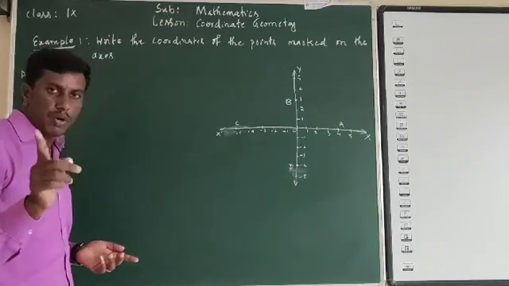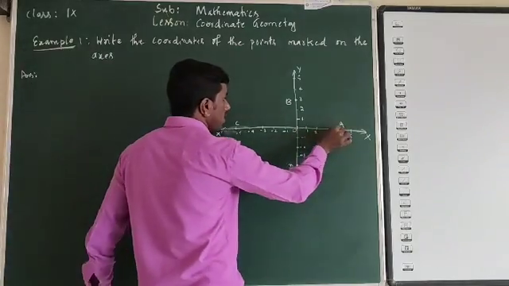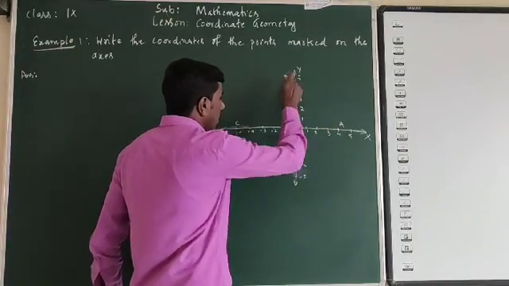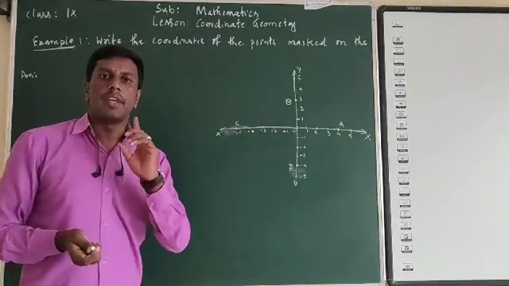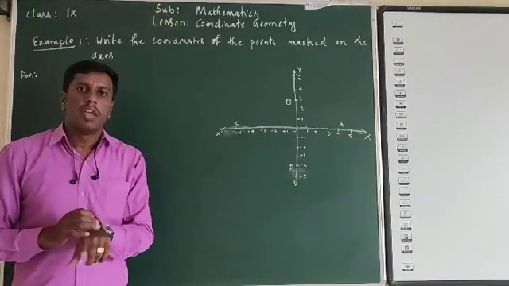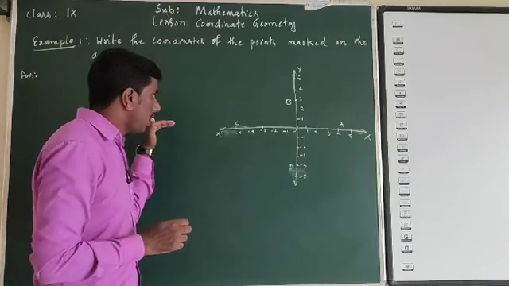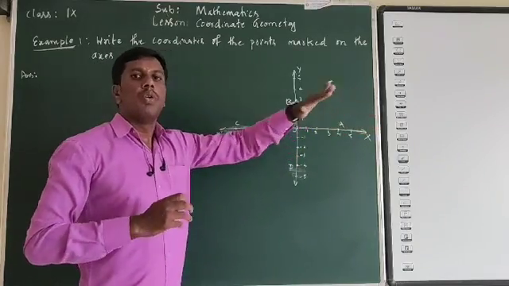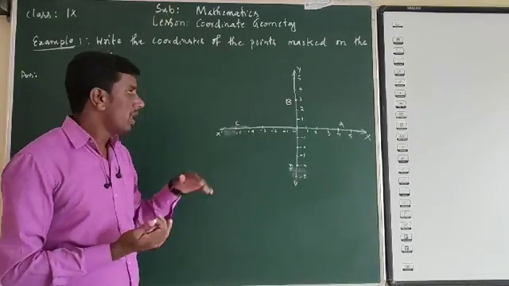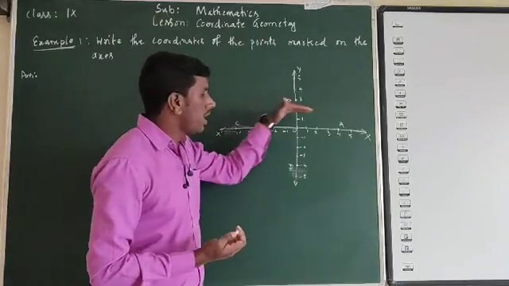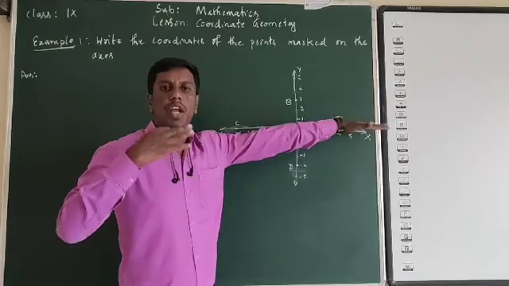You can observe that all the 4 points A, B, C, D are lying either on the x-axis or on the y-axis. As I told you in the last class, if the point lies on the x-axis, the ordinate value will be 0.